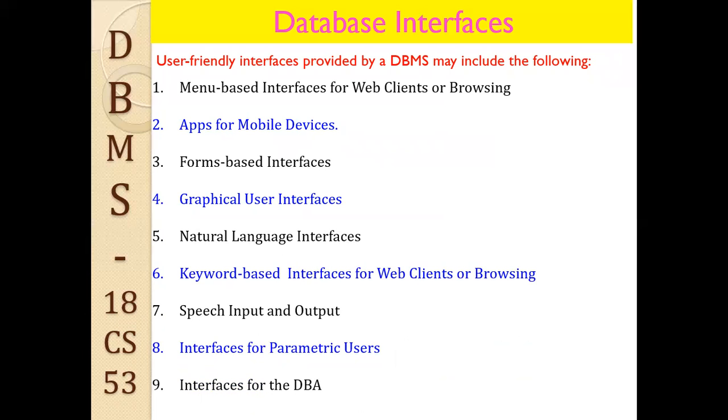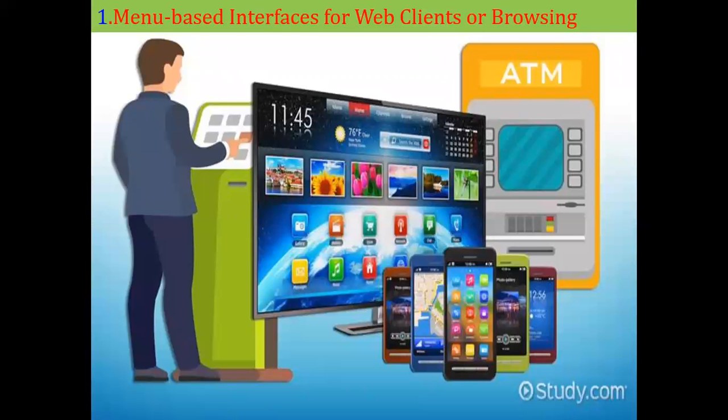Let's start with the menu-based interface. We can find menu-based interfaces in all our day-to-day activities. For example, if you go for a banking transaction at an ATM, it will display a menu of options, like whether you want to deposit the amount, withdraw the amount, or just check the balance.